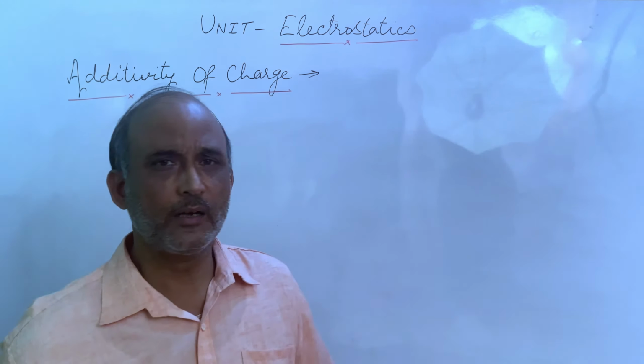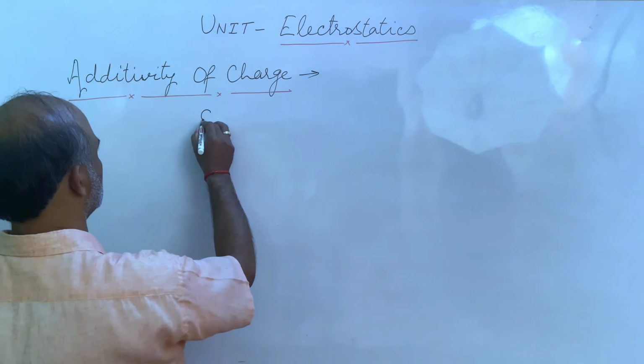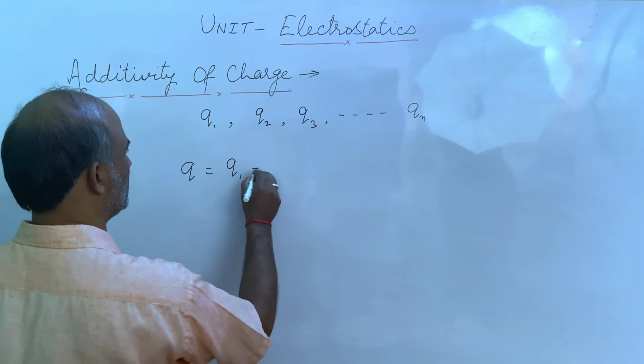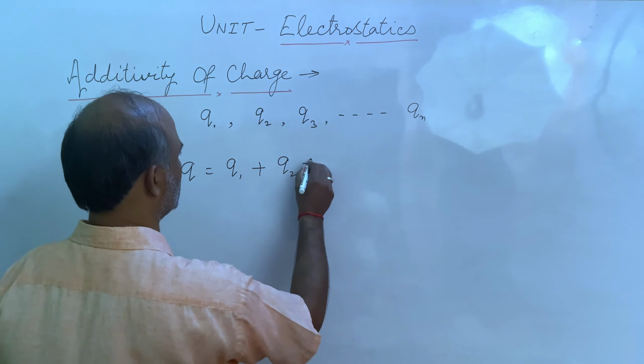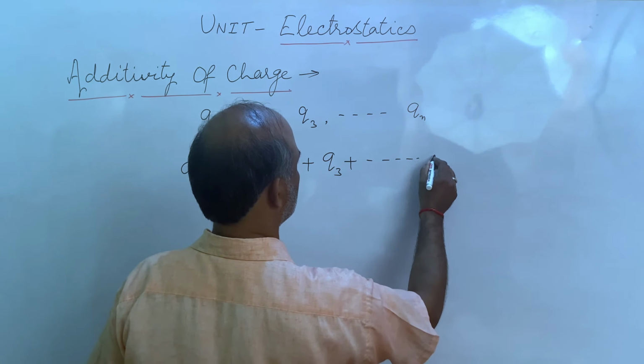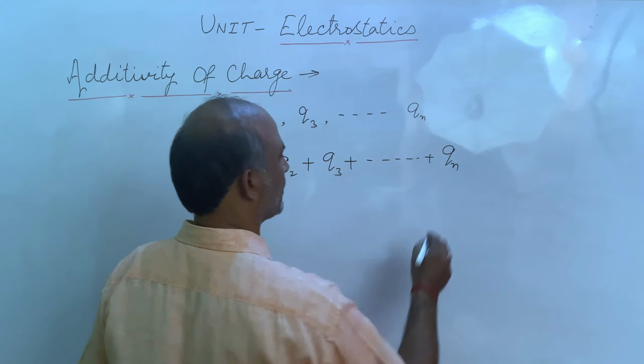Suppose there are charges Q1, Q2, Q3, up to Qn present in any system, then the total charge of the system will be Q is equal to Q1 plus Q2 plus Q3 plus dot dot dot Qn.